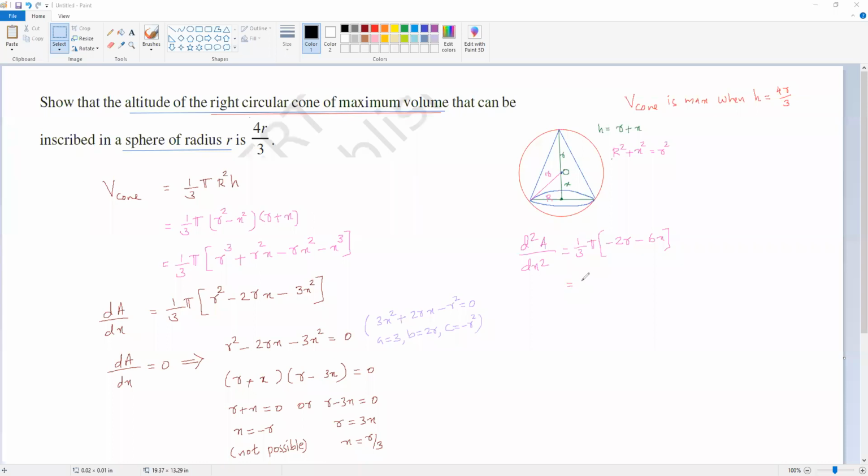If you want, you can take minus 2 common, so minus 2/3 pi in bracket r plus 3x.